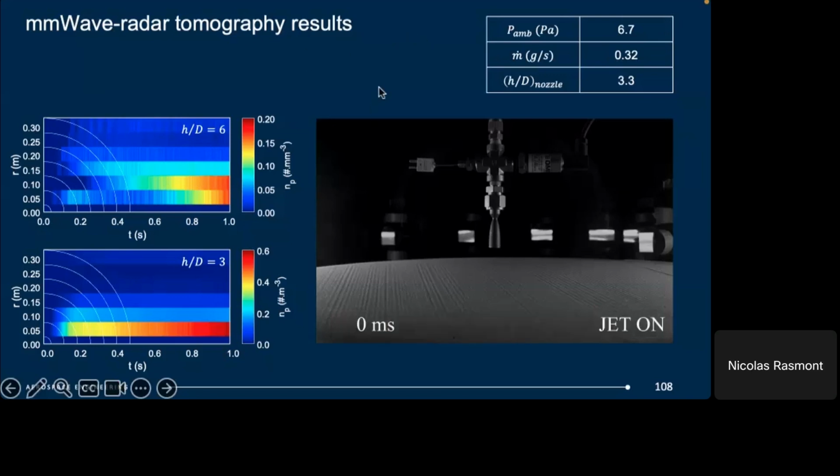I don't think the video is playing. Okay, so in terms of phenomenology, what we see is that the particles, which unfortunately you cannot see, are emitted from the edge of the crater.